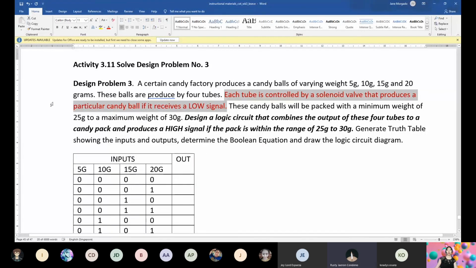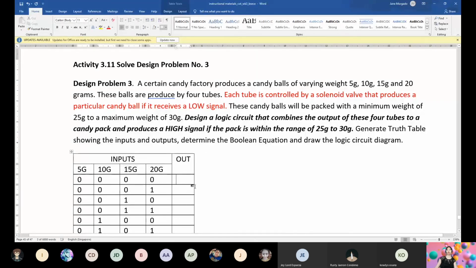So it has output when low, but our output is for when the packaging is within 25 to 30 grams, the acceptable range, so our output should be high. So when all are 0, how many grams is your output? 0 grams.